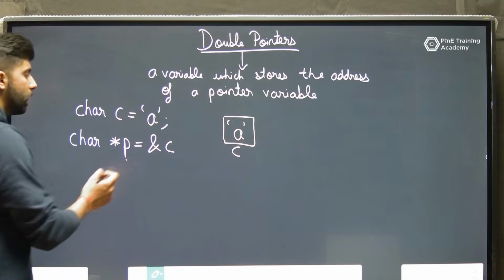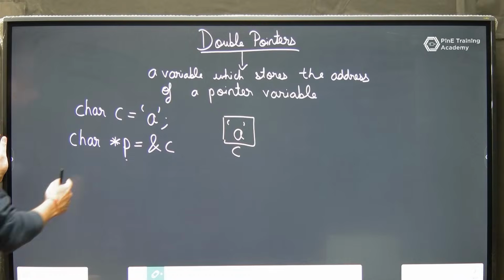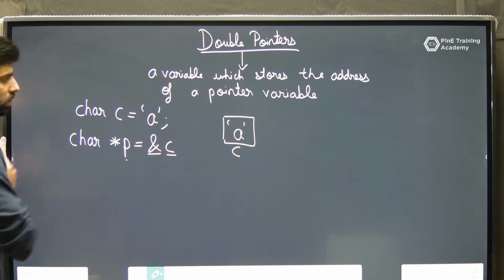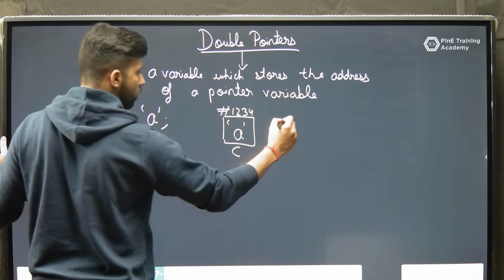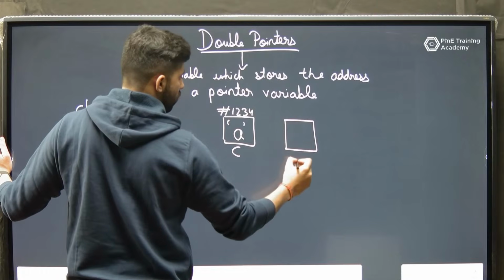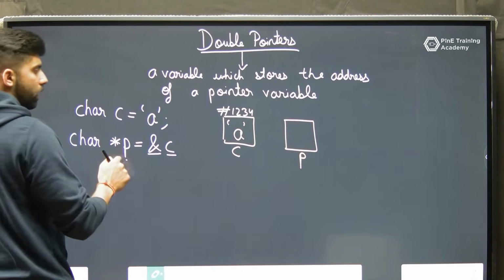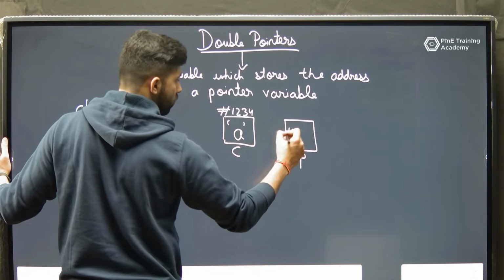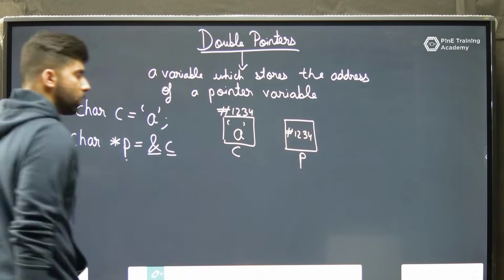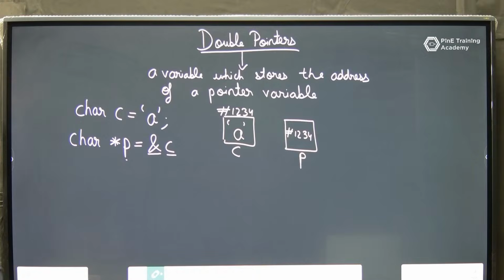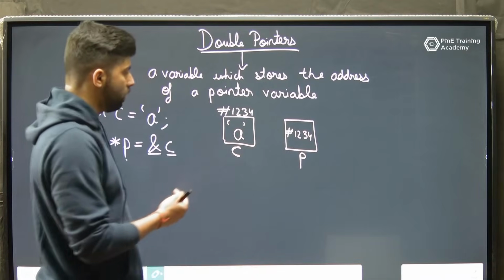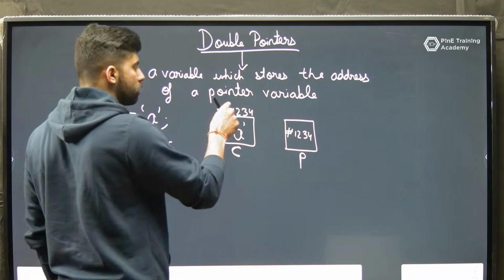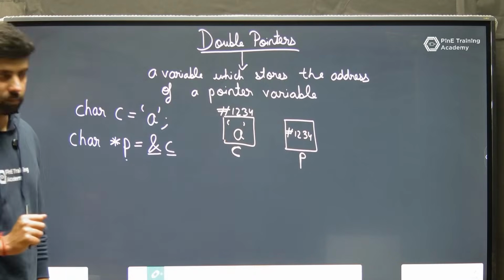Next, I created a pointer variable, which was storing the address of C. If the address of C was 1, 2, 3, 4, this P pointer will store this 1, 2, 3, 4.